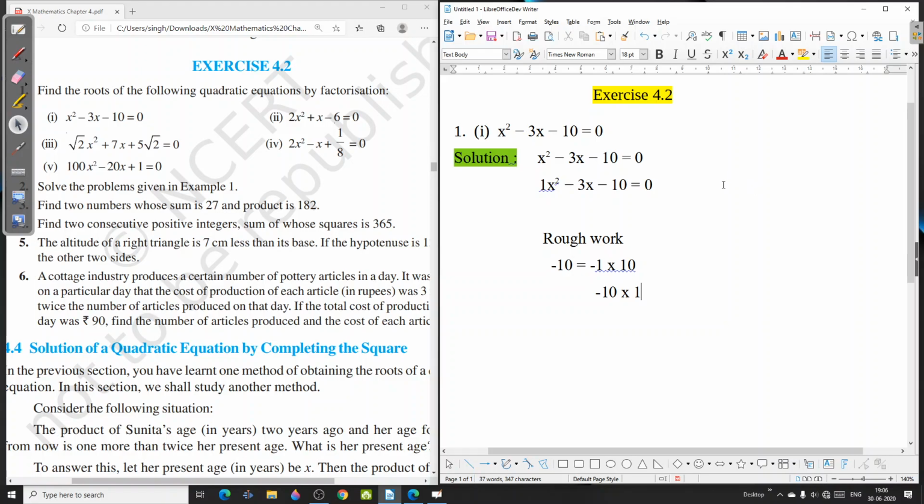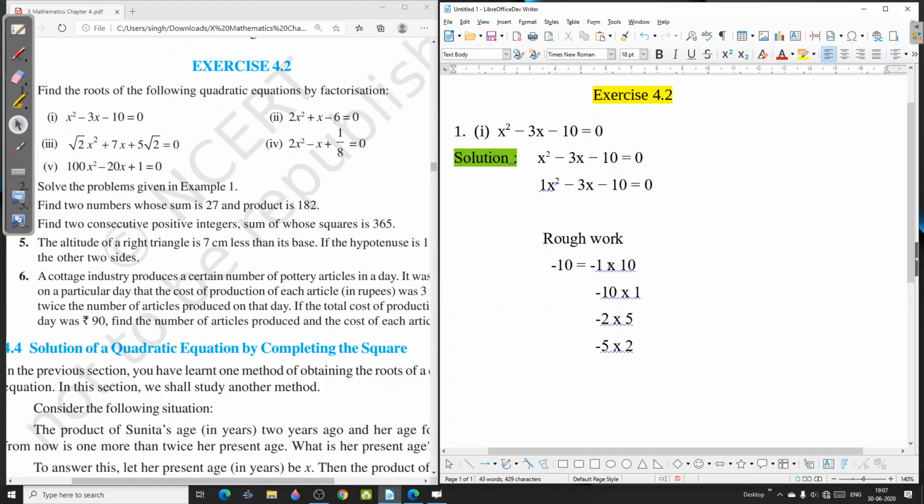Remember that they are not the same factorization, because here the factors are minus 1 and 10, here the factors are minus 10 and 1, though the product is same but the factorization is different. Then other possibility can be, we can take minus 2 and 5. Minus 2 into 5 is minus 10. Similarly, we can write minus 5 into 2. So that will also give us minus 10. And there is no other way of writing minus 10 as a product of two numbers.